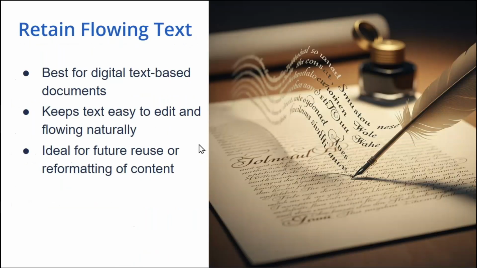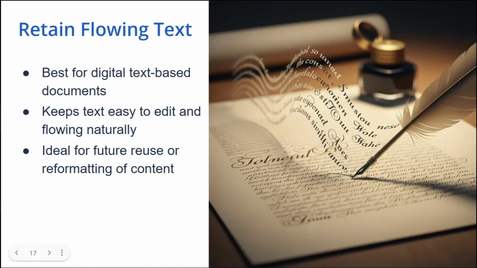If we talk about retain flowing text, this is best for digital text-based documents because it keeps text easy to edit and flowing naturally. Like the first hybrid document I showed you where you had text, it keeps text really flowing, as it says.